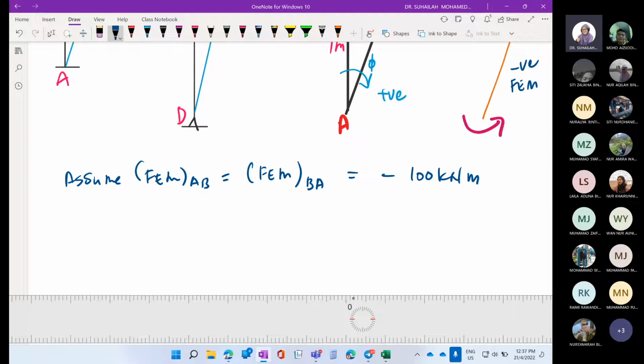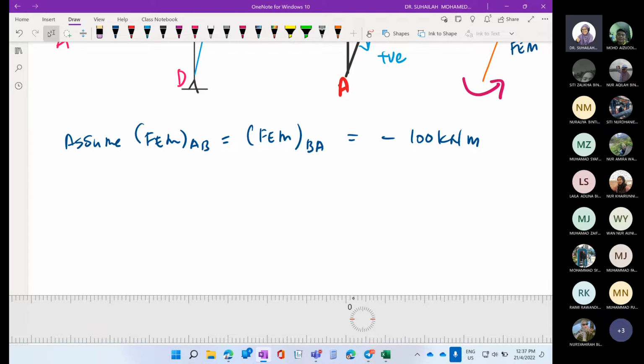For a Sidesway frame we have to assume, so how to assume? We choose one member only and assume FEM for that particular member. In this case, I choose FEM AB, FEM BA equal to negative 100.